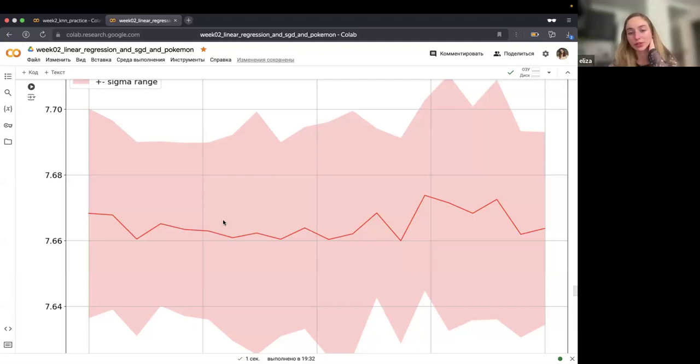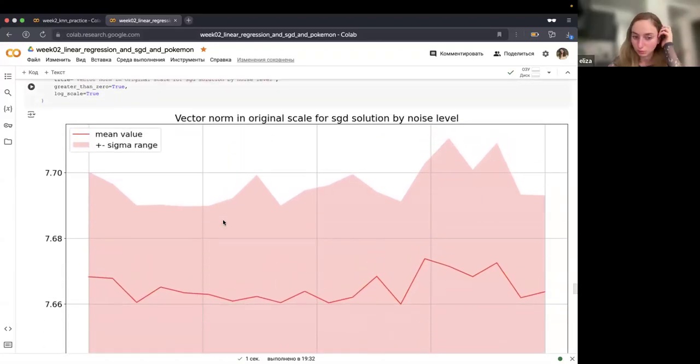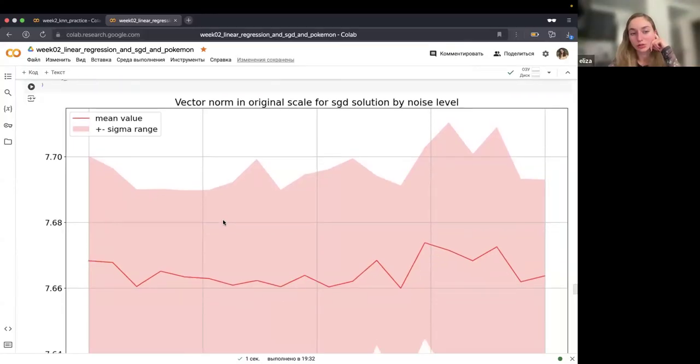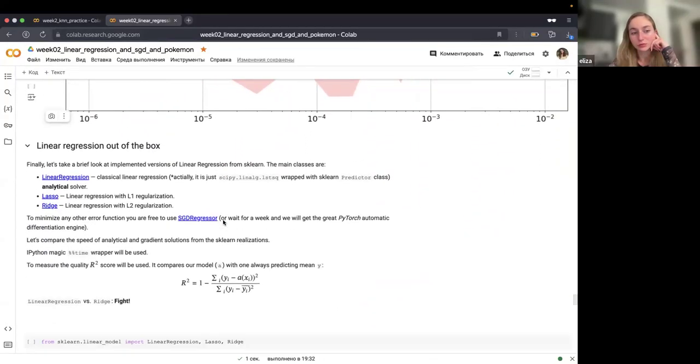Because of this randomness, your solution and your model are more stable, and the collinear features don't influence the result.